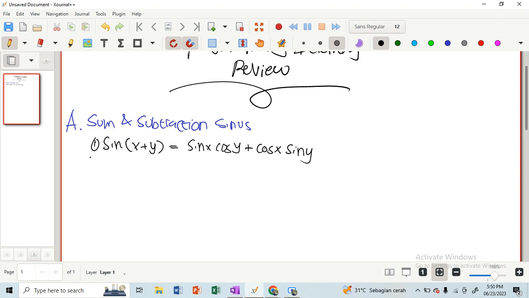So this is the very basic sum formula of sine.